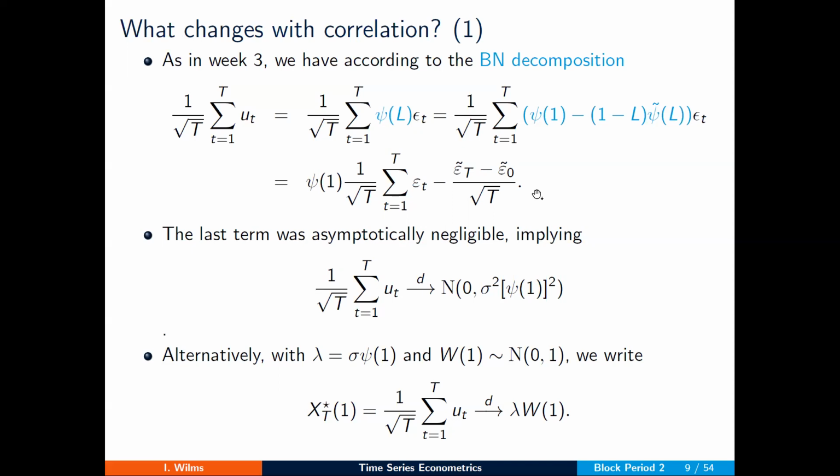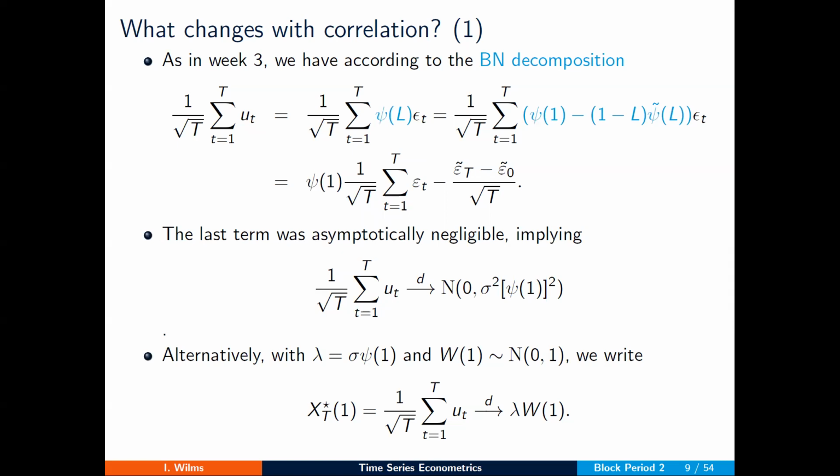Now, from our derivations a couple of weeks back, we know that this last term is asymptotically negligible. And so that means that if we want to obtain the limiting distribution of this term over here, we only need to take care of the limiting distribution of the first term.